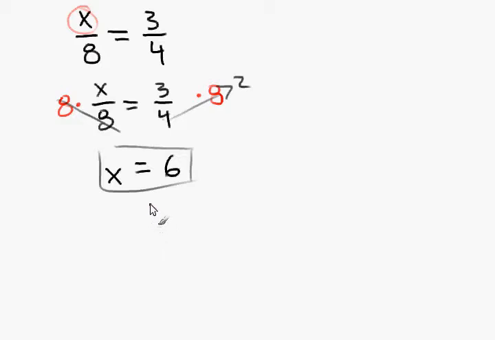Here's another example. Let's take a look at this proportion. x divided by 2 is equal to 10 divided by 7. We're just going to take both sides of this proportion and multiply by 2.